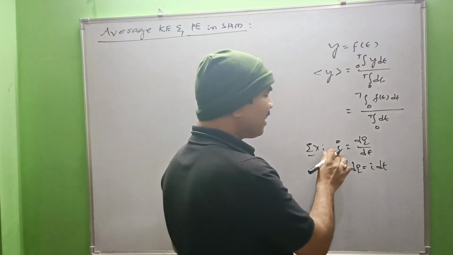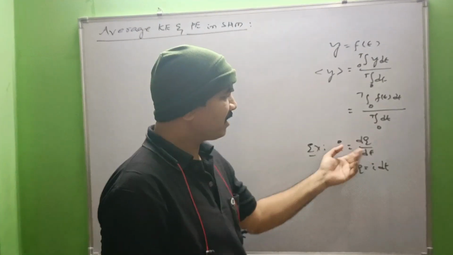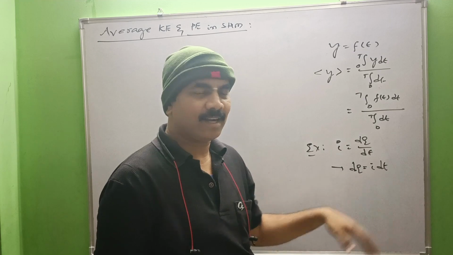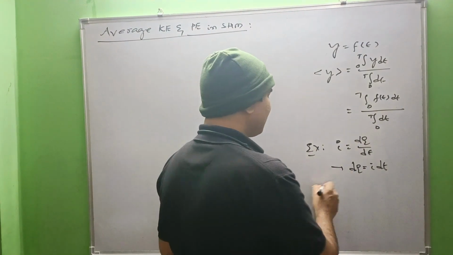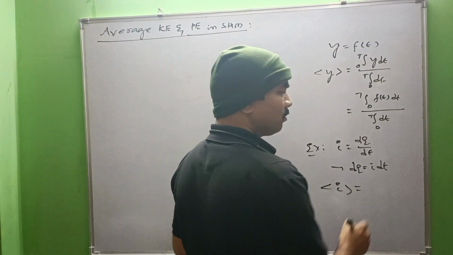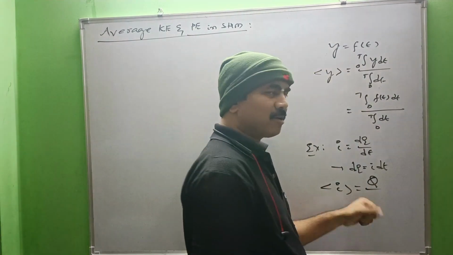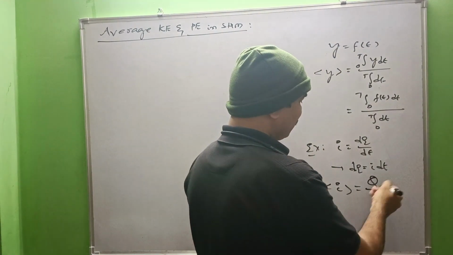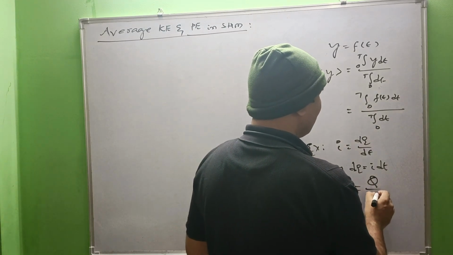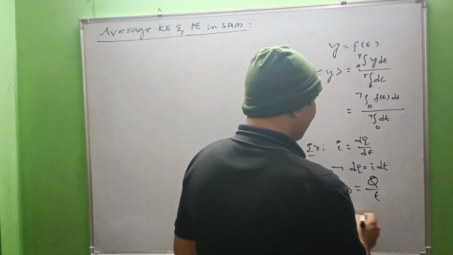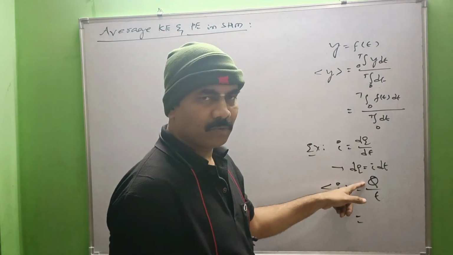Now this is the instantaneous current at a given instant. If you want to get the average current in a given time interval, that is average current equal to total charge divided by the total time taken to flow that charge, that is T, right? Now what is Q?